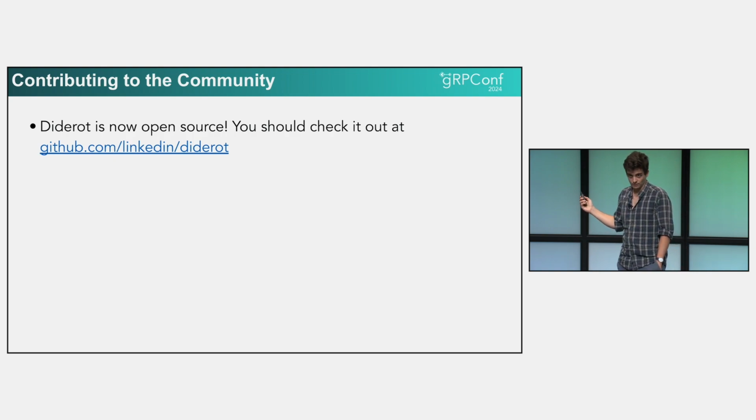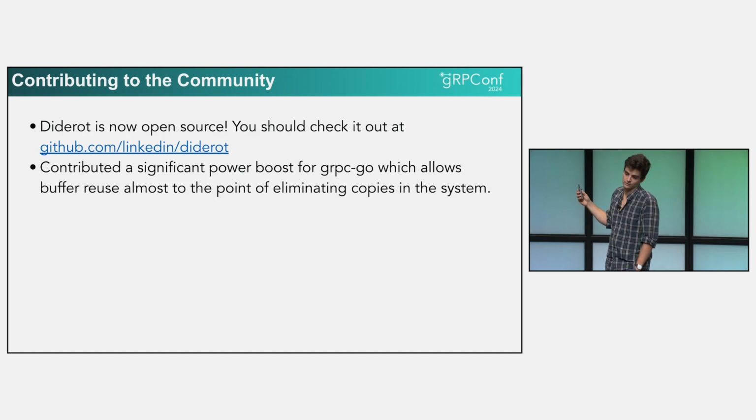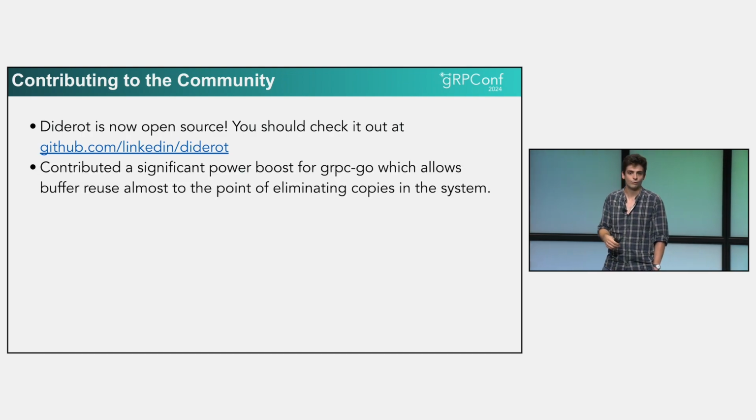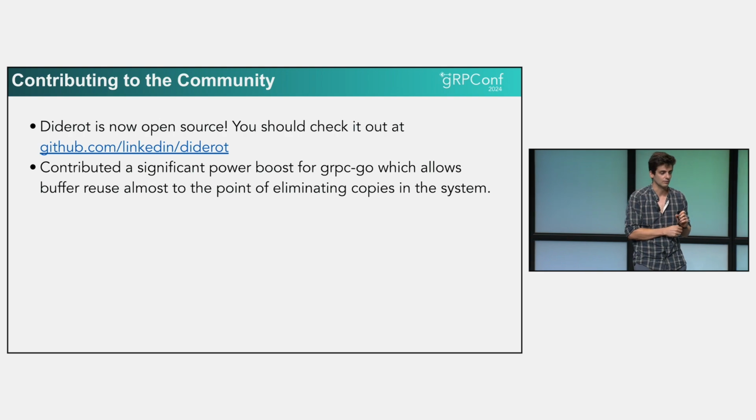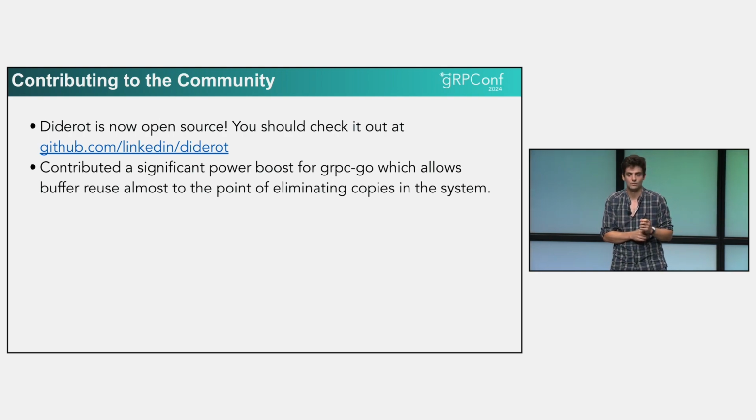The other thing we ended up doing is that, because we had to squeeze so much performance out of each and every one of our instances, we realized there's a pretty big hole in the gRPC Go implementation. There's a lot of memory churn that could have been fixed with stronger buffer reuse.